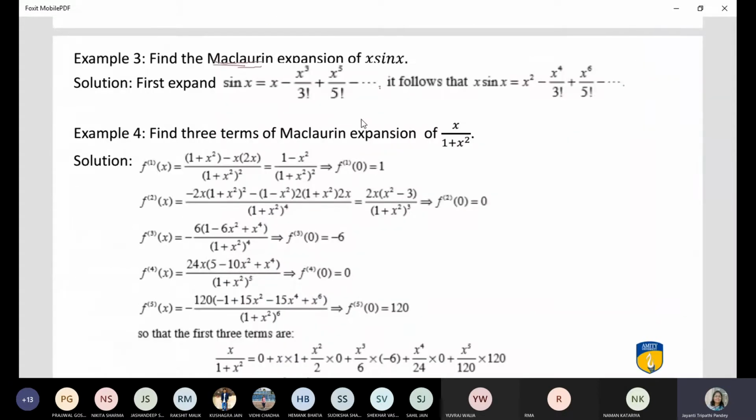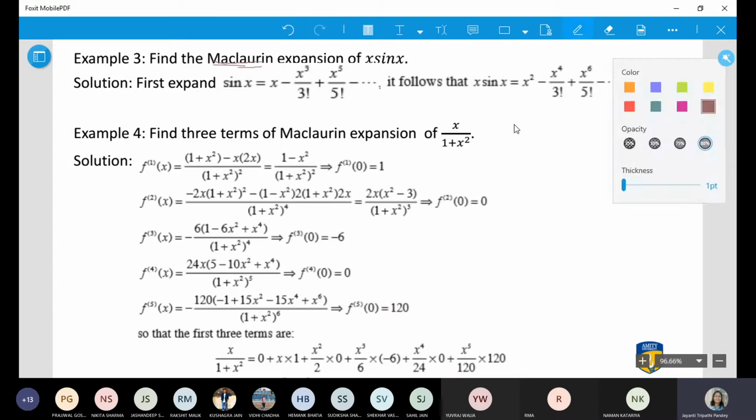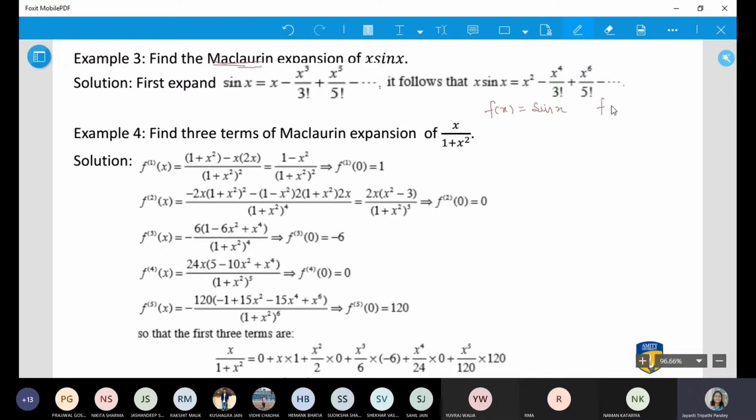Now see what we have to do in this. You have f(x) is equal to sin x. So f(0) is 0. f dash x is cos x, f dash 0 is 1. f double dash x is minus sin x, f double dash 0 is 0. f triple dash x is minus cos x, f triple dash 0 is minus 1, and so on.